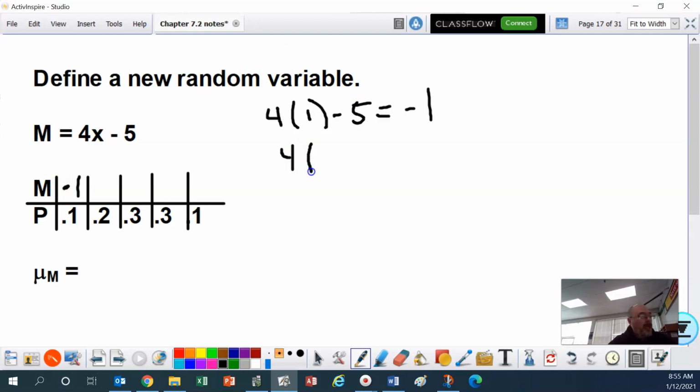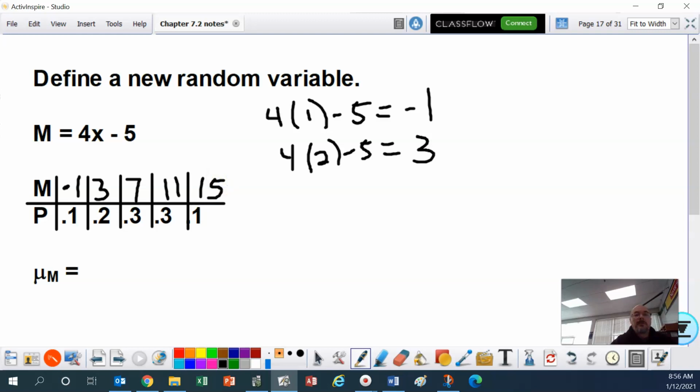And 4 times 2 minus 5, that's going to give us 3, I believe. 8 minus 5 is 3. And then the next one, if we plug it in, folks, to save time, I believe we would get 7. Yep, and then 11, and then I believe 15.